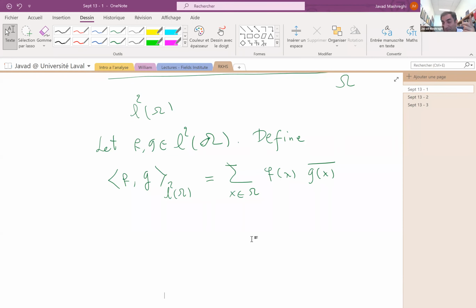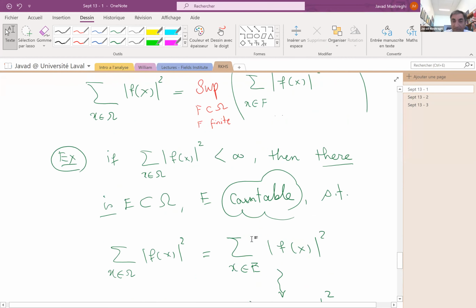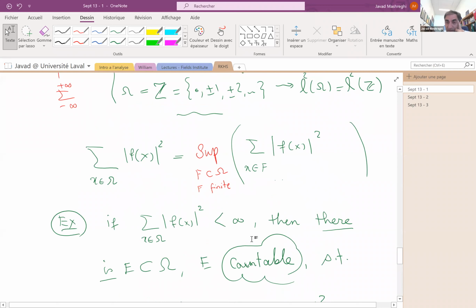You remember in the previous case when we had something positive, we didn't care what happens at the end of the day. We consider finite sets and take the supremum. Probably what we obtain at the end is equal to plus infinity. So it's something between 0 and plus infinity. By this assumption, we exclude plus infinity. That's good.